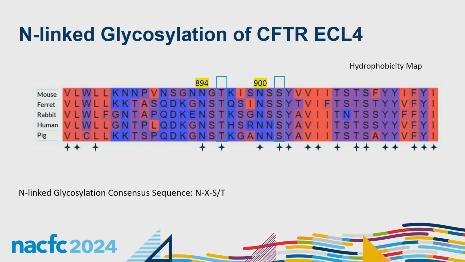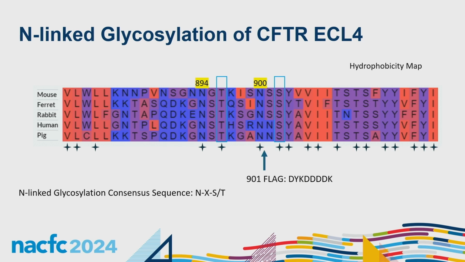If you ever expressed CFTR, you will know that CFTR has a human-made sibling, the 901 flag tag CFTR version, in which the 901 flag is inserted right after asparagine 900. This insertion interrupts the glycosylation consensus sequence so that the second glycosylation is missing.